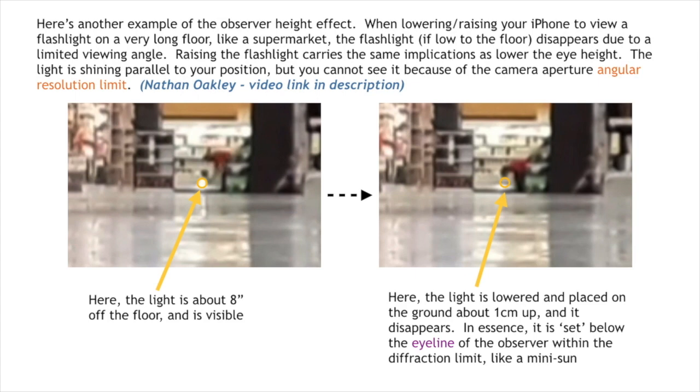But here this person is doing this experiment on a long floor. Here the light is about 8 inches off the floor and is visible, which is in the middle of that yellow circle there. And as he lowers the light down, it disappears. Again, you can do this with any iPhone on a flat surface, as long as your camera lens is side down.